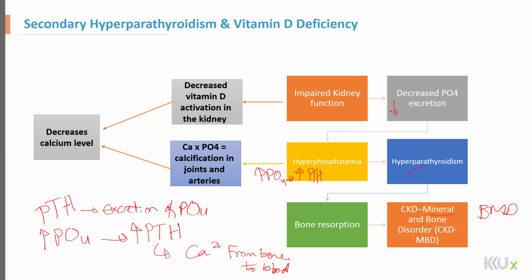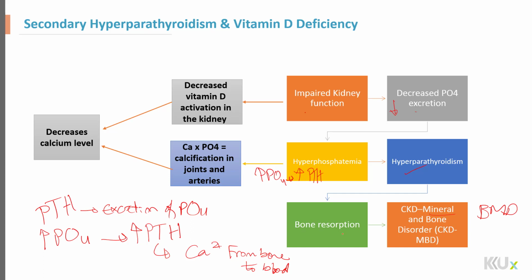So again, what happens with impaired kidney function? Phosphorus increases, and when the phosphorus increases, the parathyroid hormone increases. The parathyroid gland secretes more parathyroid hormone to get rid of phosphorus, but the problem is the kidney cannot excrete the phosphorus. And the other problem is parathyroid hormone starts to cause bone resorption.